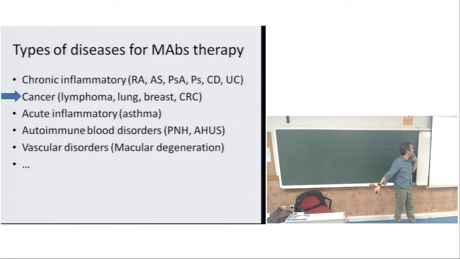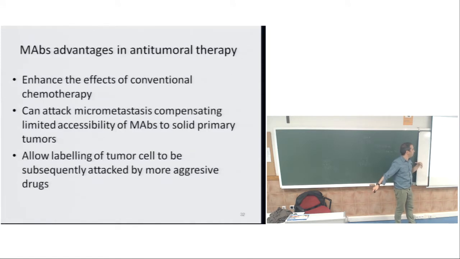Another one. And in cancer, we have a lot of applications for monoclonal antibodies. Why is it so important? Because it enhances the effects of conventional chemotherapy. The side effects used to be lower than for chemotherapy. They can attack the micrometastases, compensating the limited accessibility of MAbs to solid primary tumors. That's important.